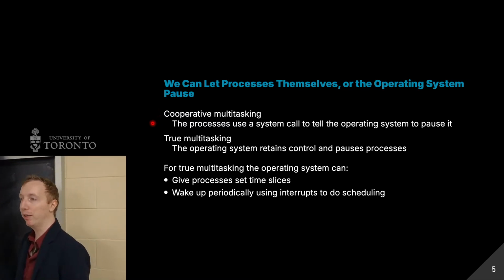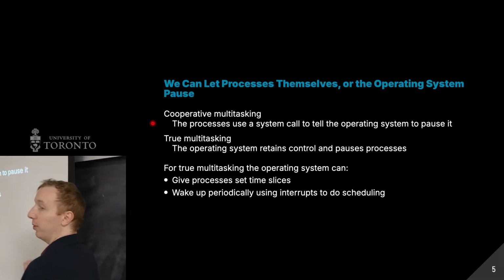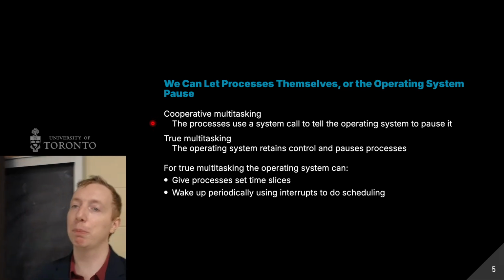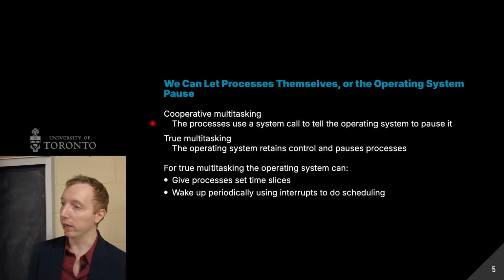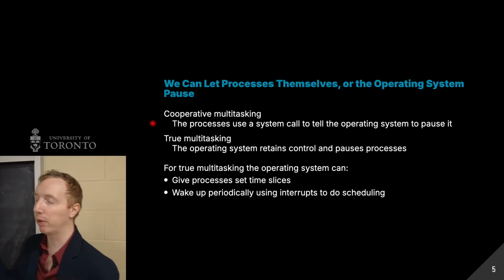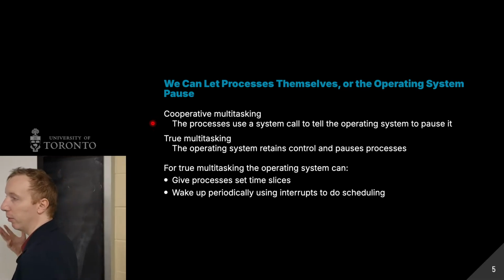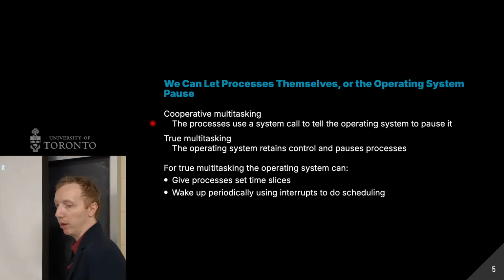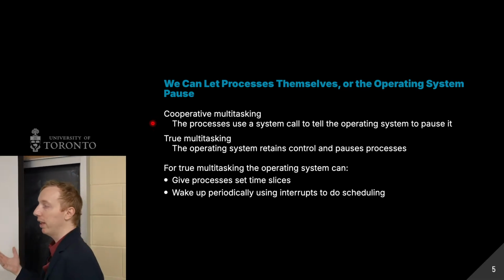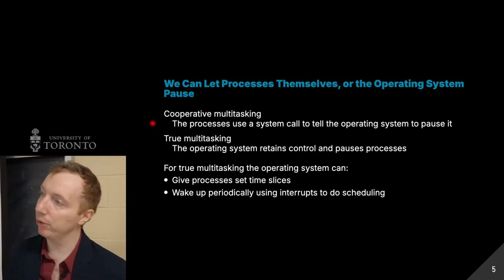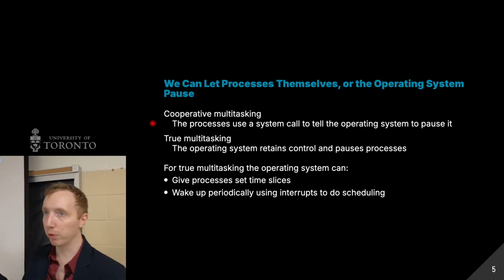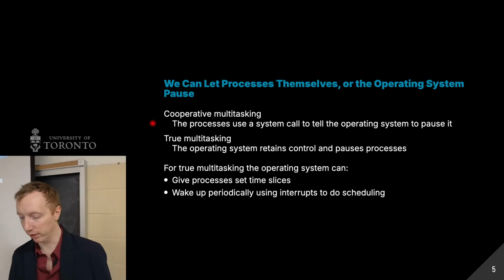That means the process has to explicitly use a system call to tell the operating system that, hey, if there's something else to run, you can run it. I will give up the CPU so that I will be nice, and something else can run. If you don't do that, then you just run until you're done, and you hog the CPU, which may or may not be good, depending, again, on the scenario.